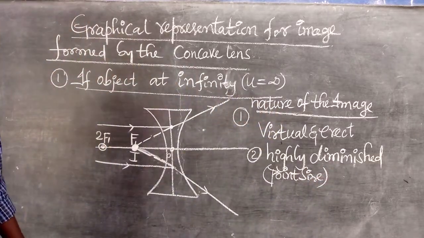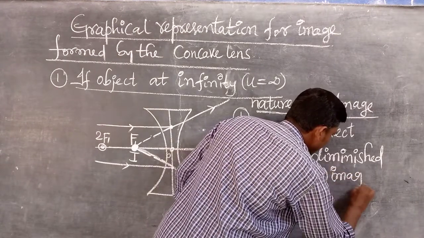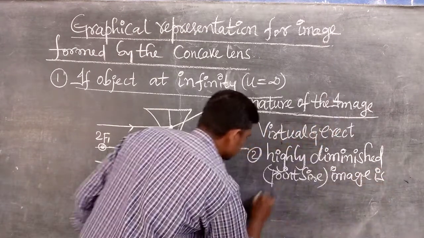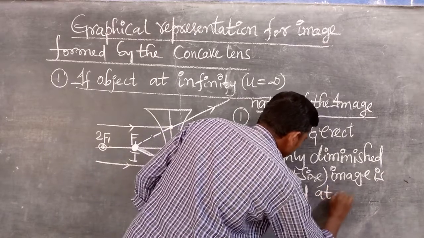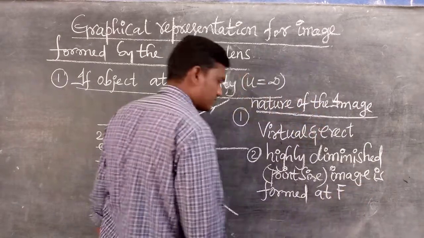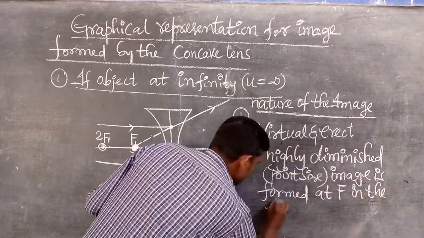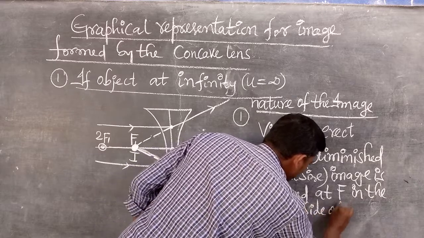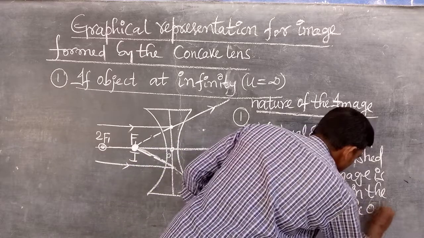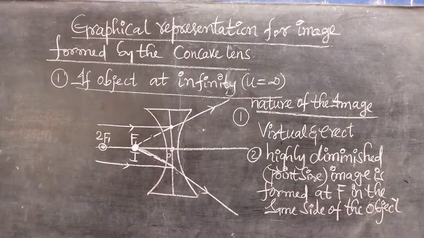Highly diminished or point size image is formed at F in the same side of the object. So it is very important.